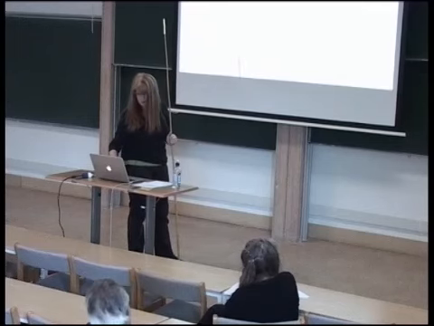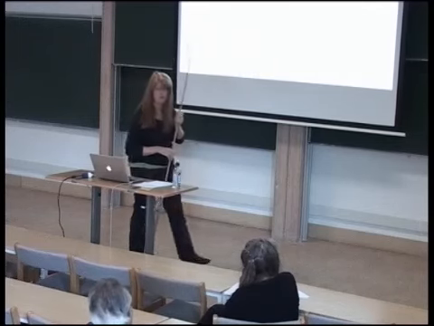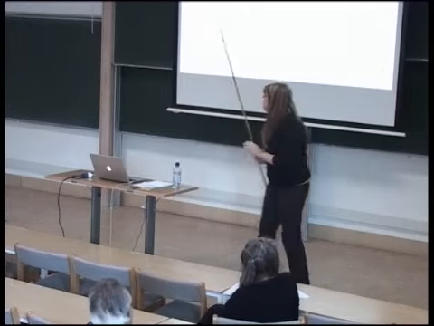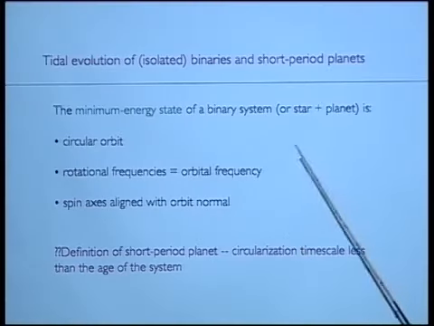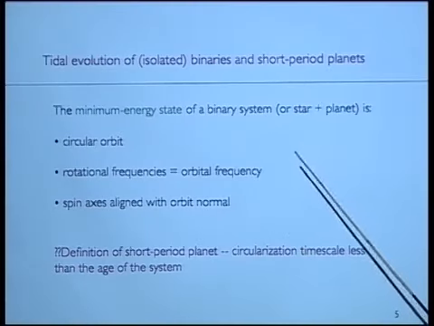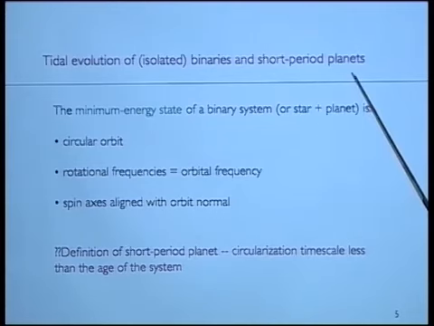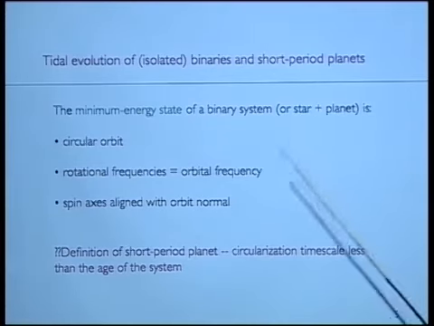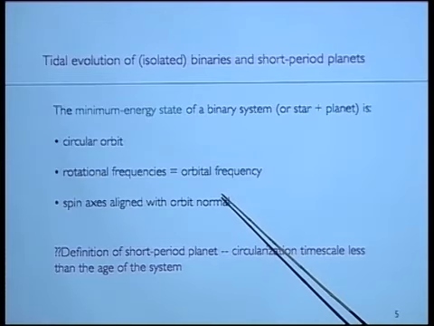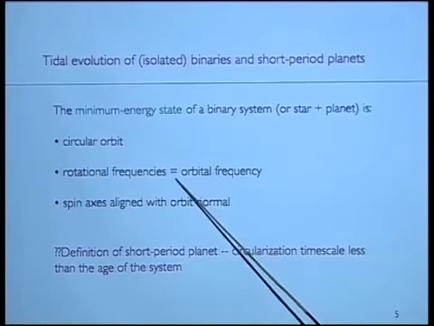So the theory of tidal evolution, just to quickly remind you: the minimum energy state of a binary system, maybe two stars or a star and a planet, is a circular orbit with synchronous rotation.